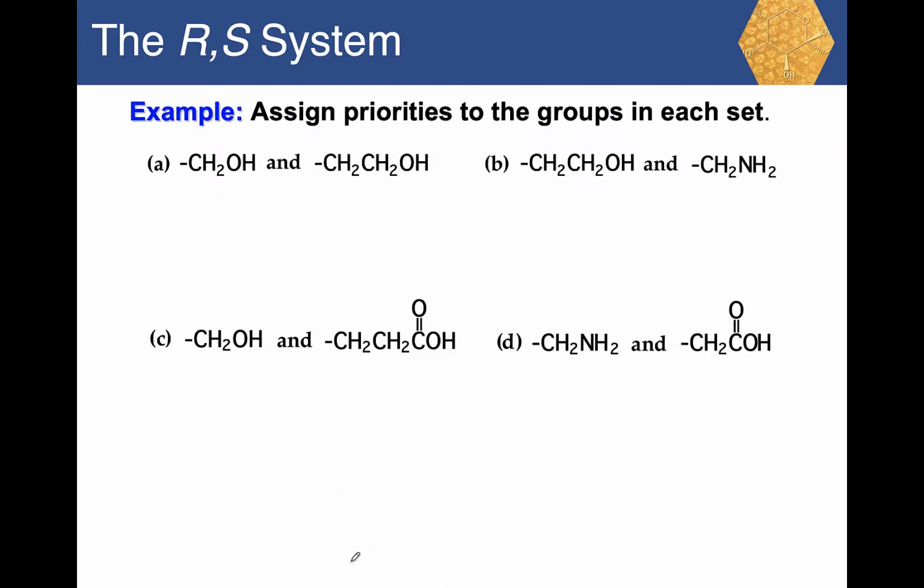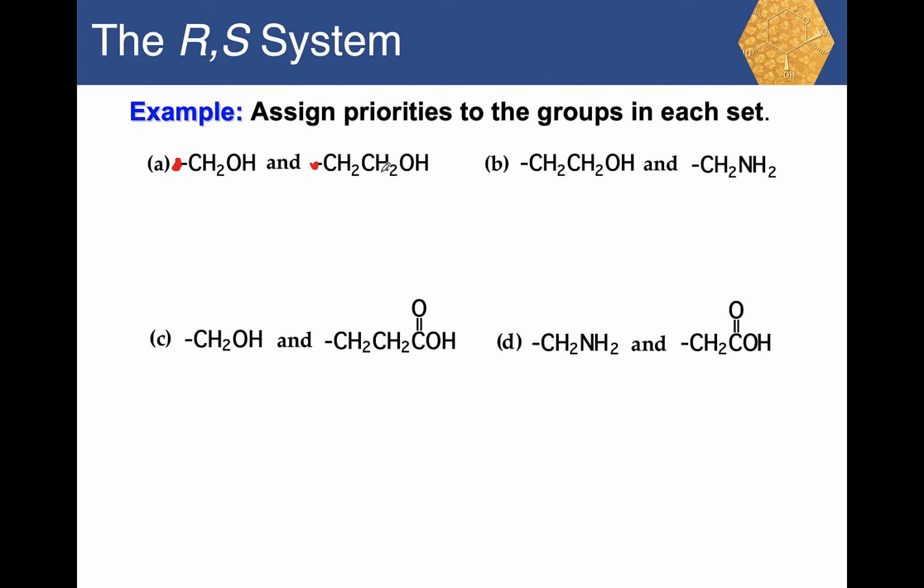Okay, let's see if we can do the priorities. I mentioned that you look at the atom that's directly bonded to the chiral center, but if there are 2 carbon atoms, how do we determine which has a higher priority? So let's look at these examples here. So just imagine here that this is the bond to the chiral center back here. So here's a chiral carbon, and here's a chiral carbon.